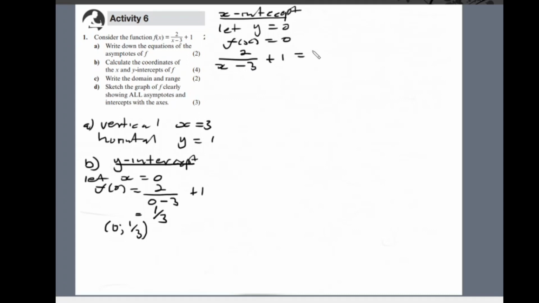So now these are the coordinates of my y-intercept, 0, 1 over 3, right? And then for my x-intercept, I have to let y be 0, which means f of x equals 0. I know f of x is 2 over x minus 3 plus 1 equals 0. And then now I simply need to solve for x.